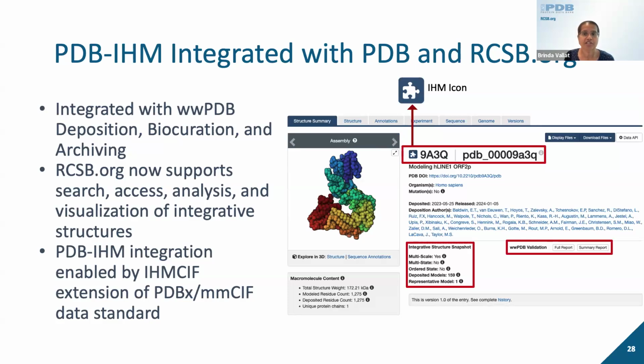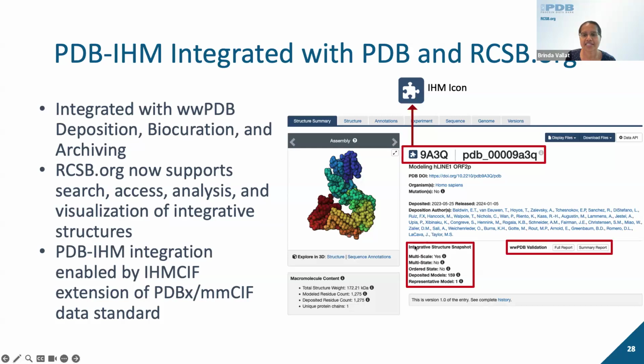RCSB.org now supports search, access, and analysis, as well as visualization of integrative structures. The integration with PDB and RCSB.org was primarily made possible because of the common shared data standards, and IHMCIF being an extension of PDBx/mmCIF.